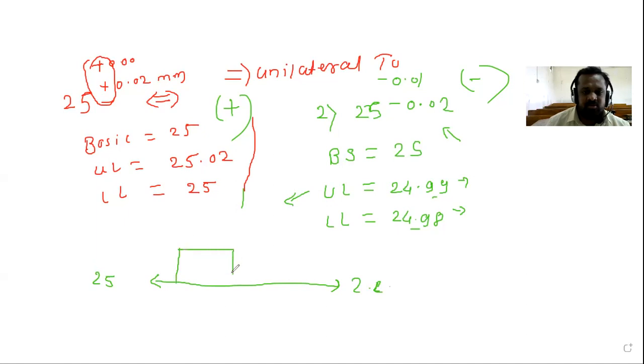This is the tolerance zone. Suppose this is the upper limit and this is the lower limit, like this. On this side it will be positive, and on this side it is negative. Understood?